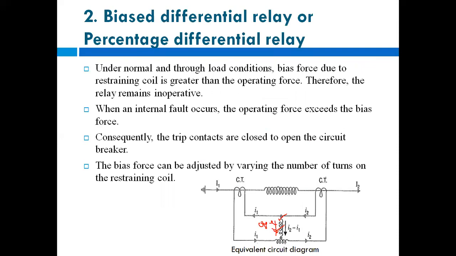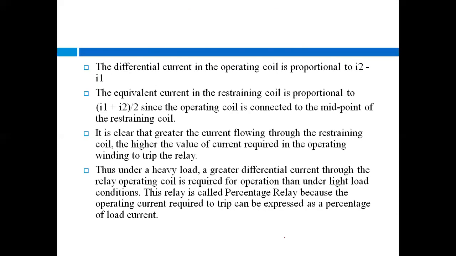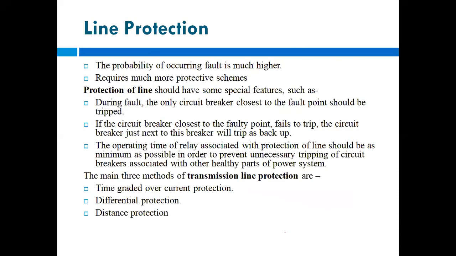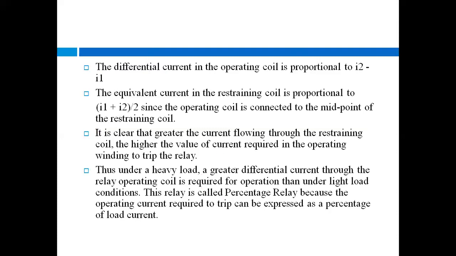The current of this restraining coil is taken as I1 plus I2 divided by 2 because it is connected at the middle of the restraining coil. Therefore its average is taken here.